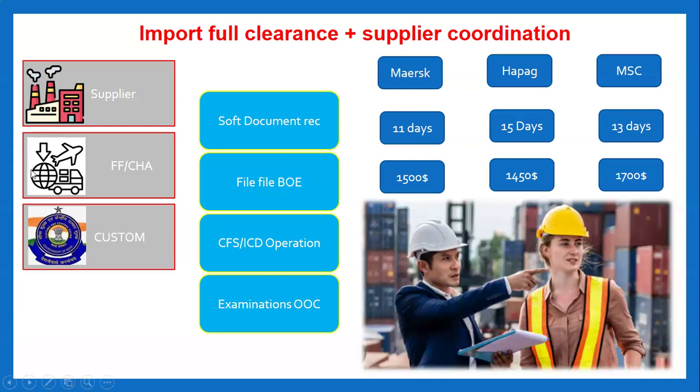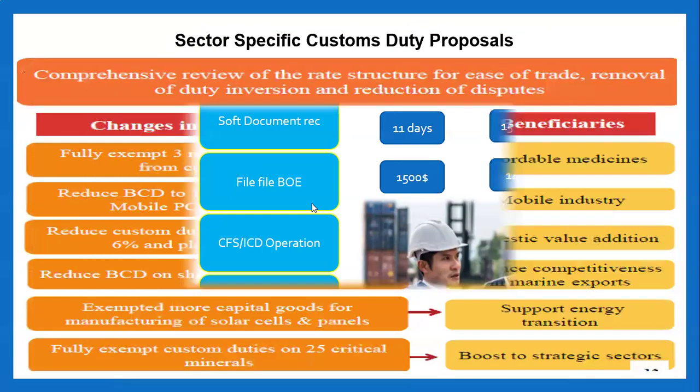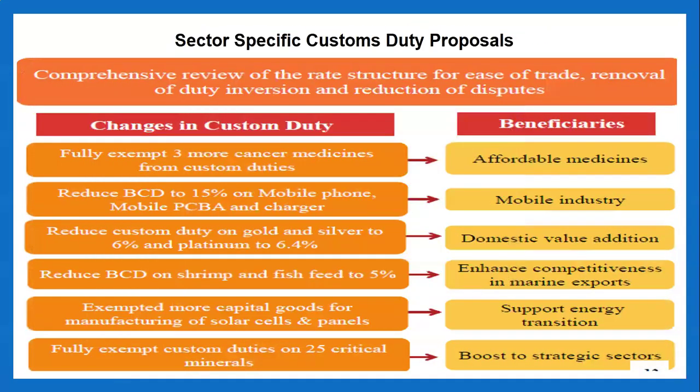Here our main topic is import clearance. In the clearance process, what documents are needed and how to file the bill of entry through the CHA is very important. As we understood in this session, the checklist is filed by the CHA after receiving all the documents.